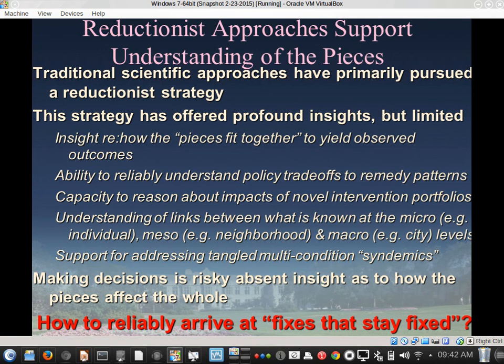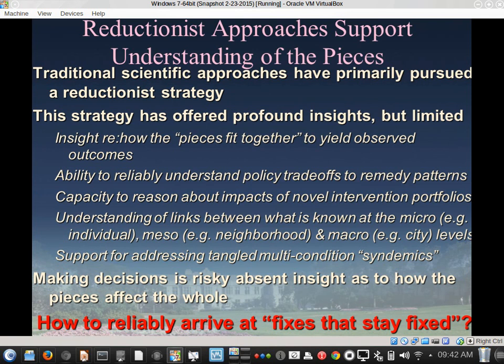There's areas where it's given profound benefits, but it doesn't address too much our needs in terms of assessing policy priorities, to reason about the effectiveness and the cost effectiveness of different investments.